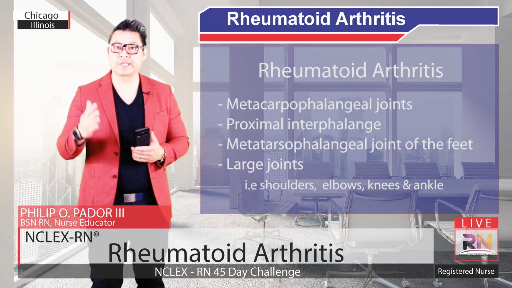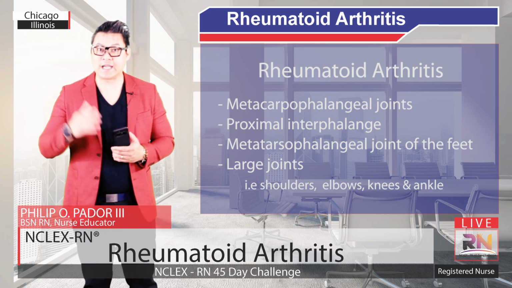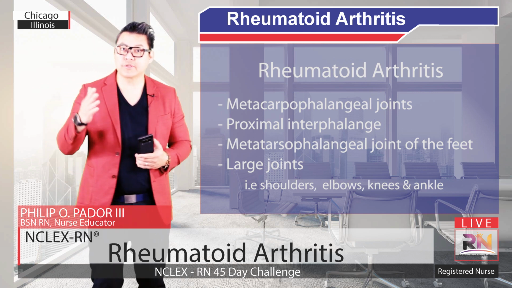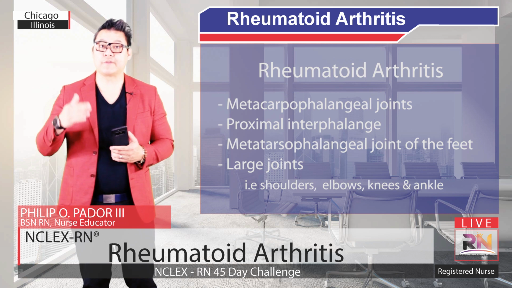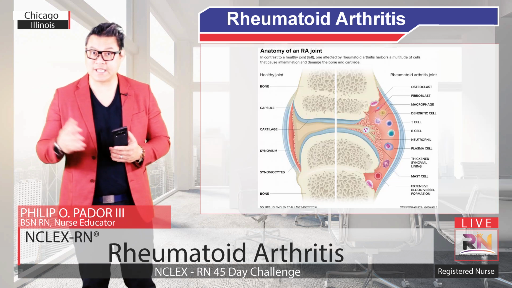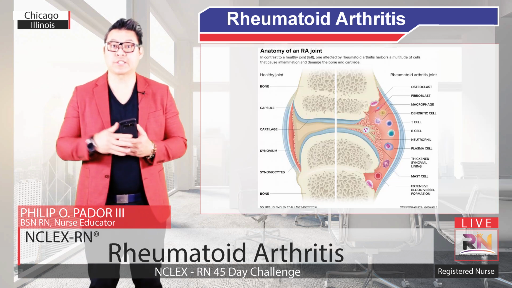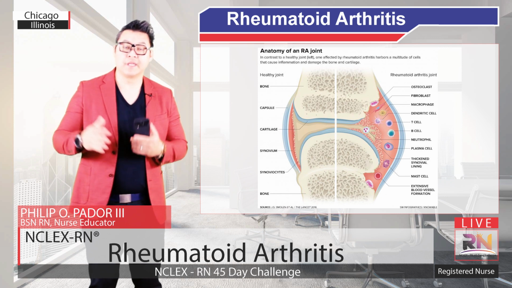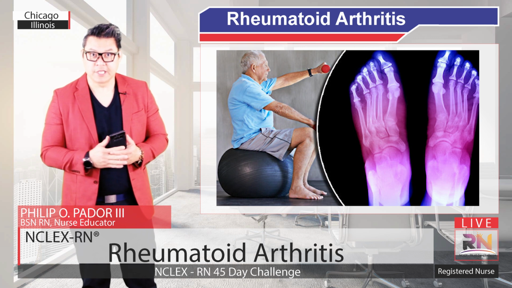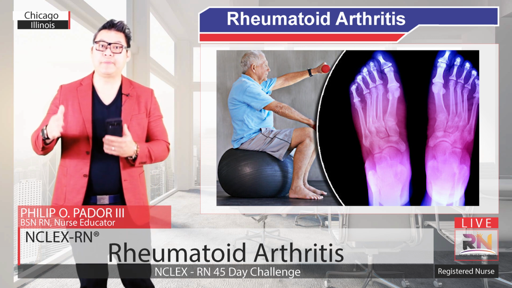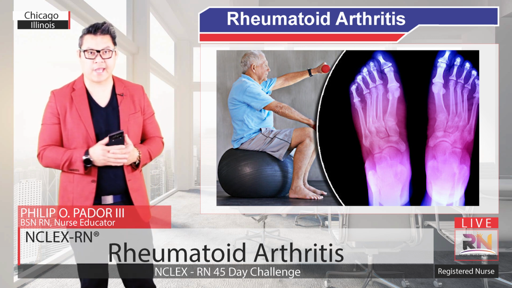As the disease worsens, it can start to affect the large joints like the shoulders, elbows, knees, and ankles. During flares, or sudden worsening of the disease, the affected joints get extremely swollen, warm, red, and painful. Over time, they become stiff, especially in the morning or after being inactive for a prolonged period of time.